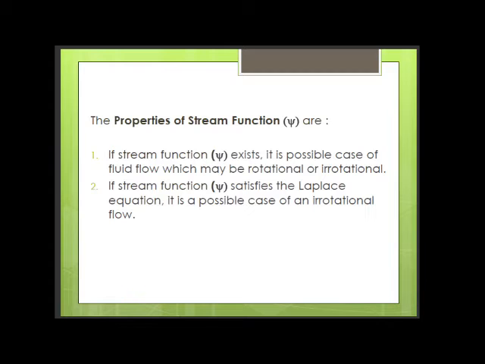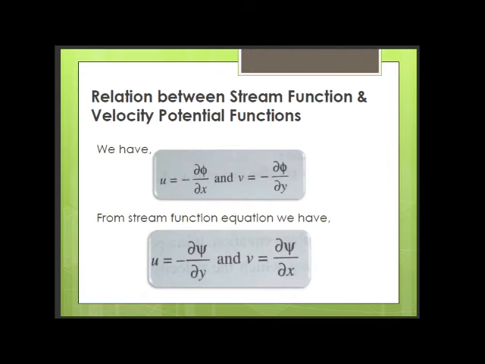Okay, now our next point is the relation between the stream function and the velocity potential function. Stream function is denoted by ψ and potential function is φ. Now we will see the relation between this φ and ψ.